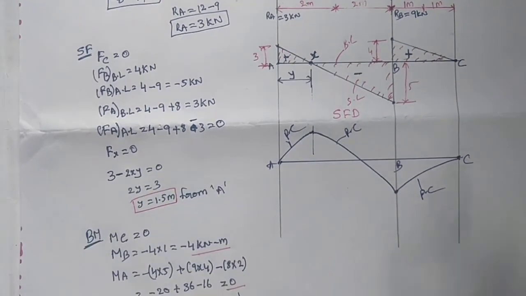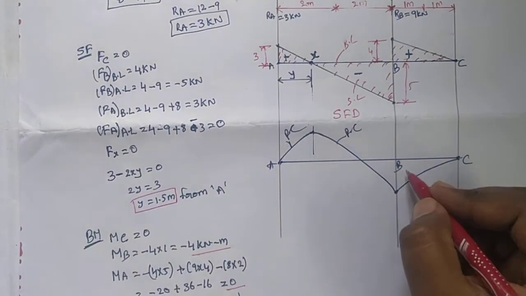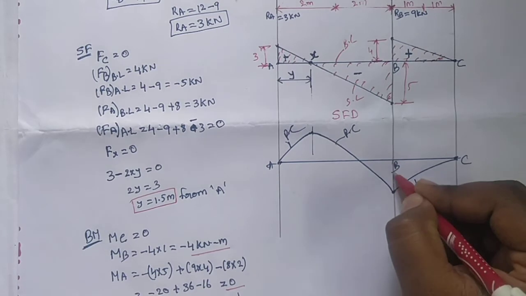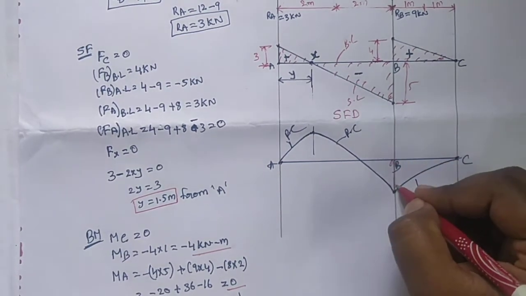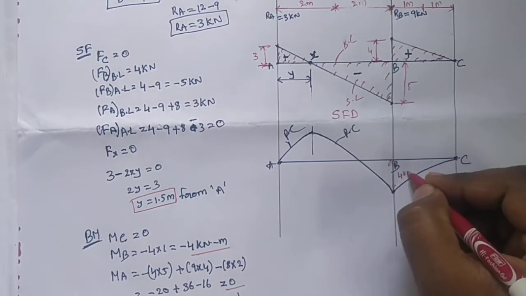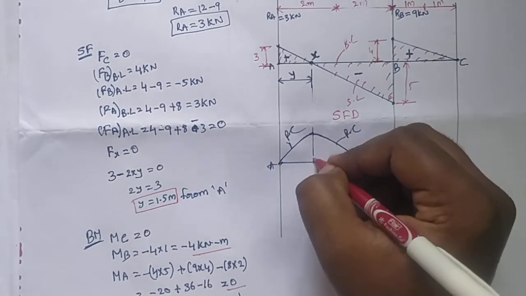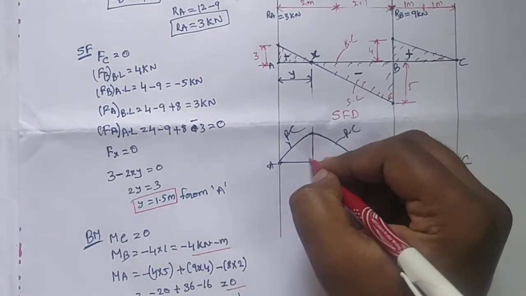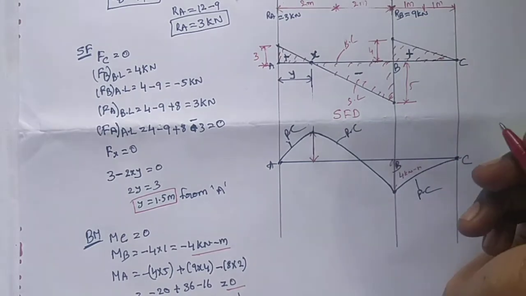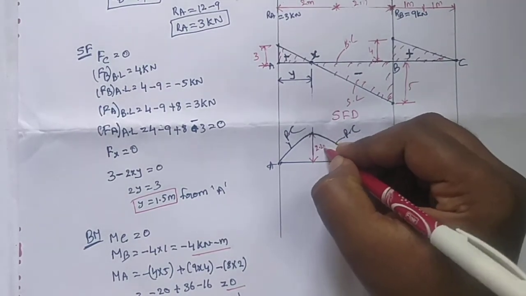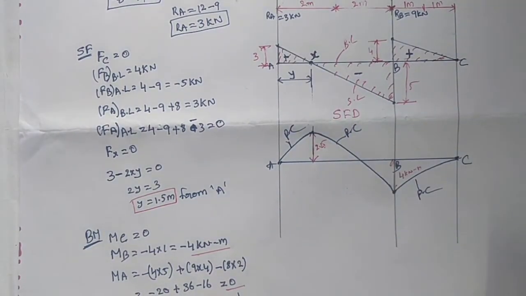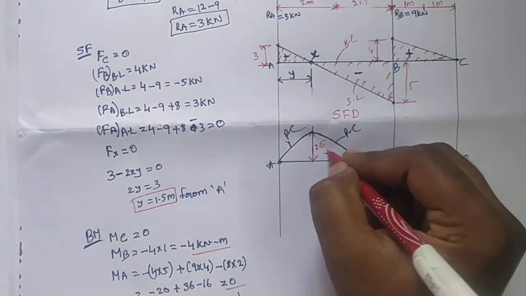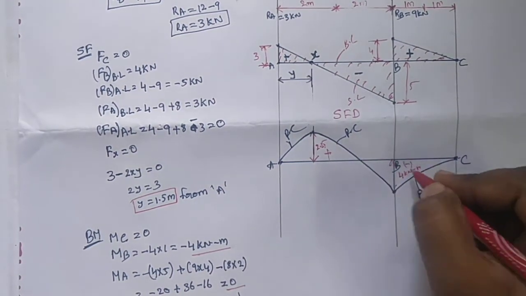Here the bending moment at point B is 4 kilonewton meter. At this point the bending moment is 2.25, the maximum bending moment value in between A and B. It is positive here and negative there.